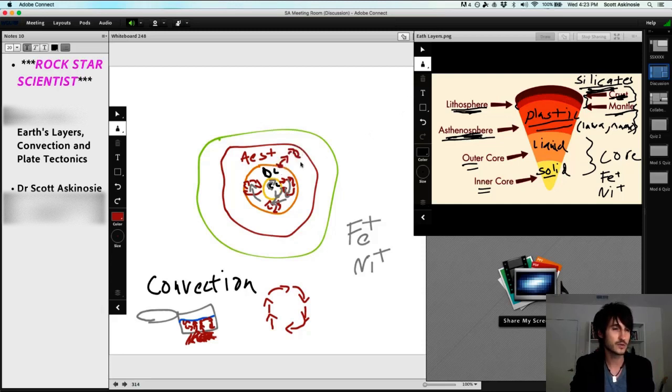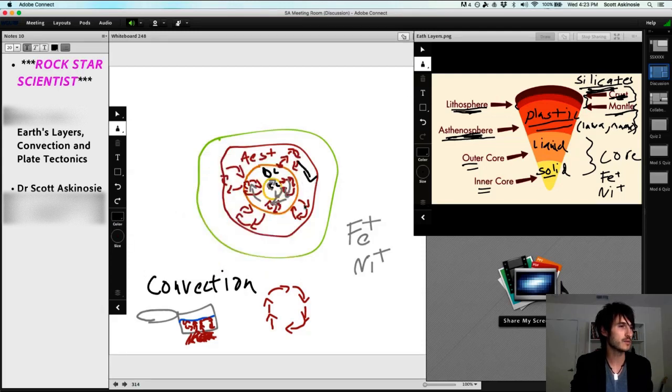And then it reaches the crust, which is cool, and it cools off, and it comes back down, creating, again, another convection current. So this magma underneath the surface of the Earth in the asthenosphere is actually flowing because of these convection currents. So it's like this river of magma that's constantly flowing underneath the Earth.